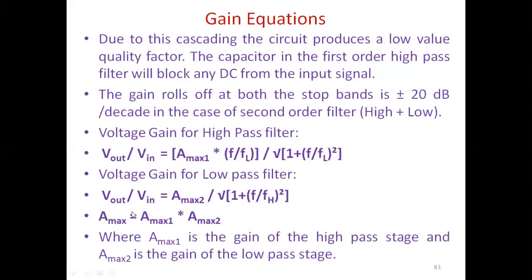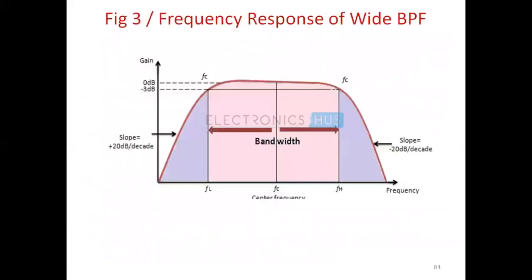The overall A max equals A max 1 into A max 2. A max 1 is the gain of the high pass stage, A max 2 is the gain of the low pass stage. This A max is the pass band gain of the filter, which can be determined by the components RF and R1 in the case of an operational amplifier.